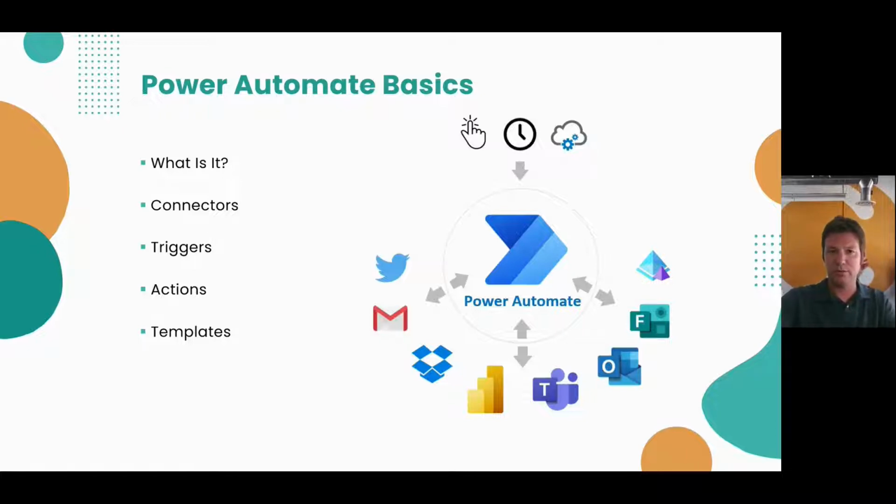So, you can do things like, when I receive an email in Outlook, start this flow. When a message gets posted in Teams, start this flow. Or even, when this webhook gets called, as you'll see in a little while, start this flow. Those are the automated ones. And then you've got scheduled. Scheduled are pretty self-explanatory.